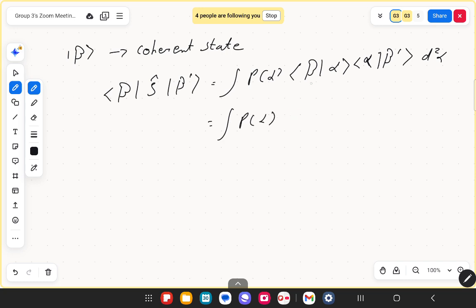We know that the inner product of beta and alpha gives us e to the power minus half |beta| square, e to the power minus half |alpha| square.